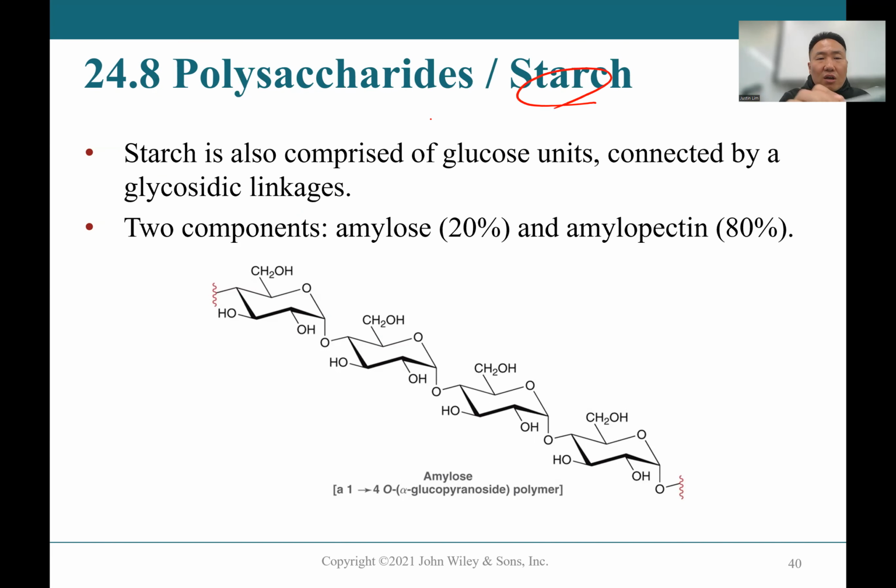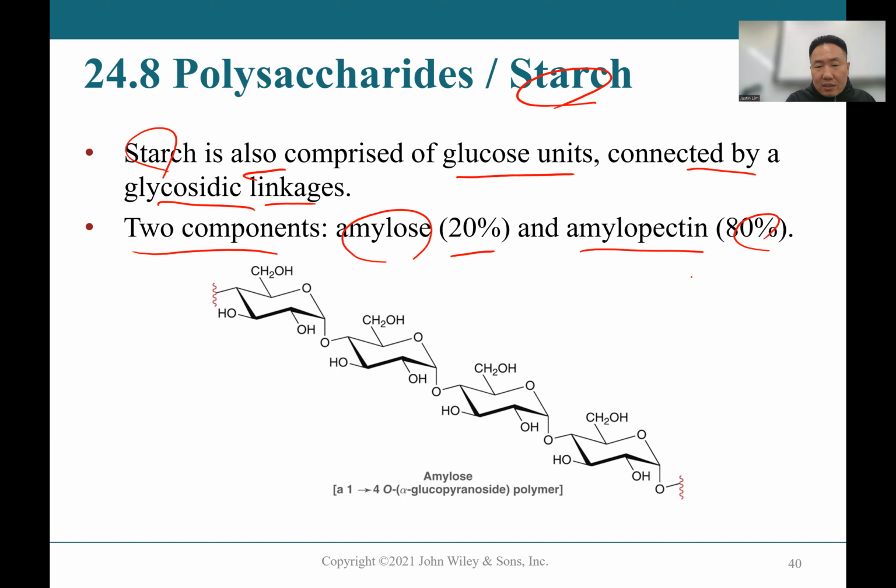Second example, starch. Starch is also composed of glucose units connected by glycosidic linkages. There are two components, amylose 20% and amylopectin 80%. When you look at amylose, you can see 1,4, C1 to C4, alpha, alpha glucopyranoside polymer.